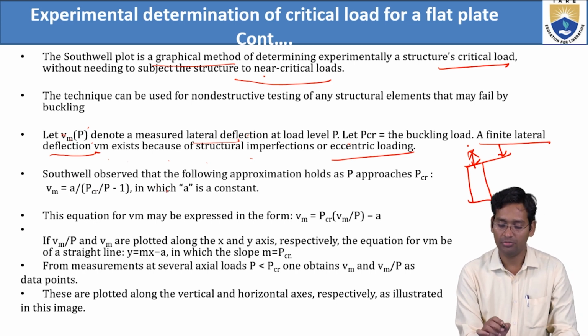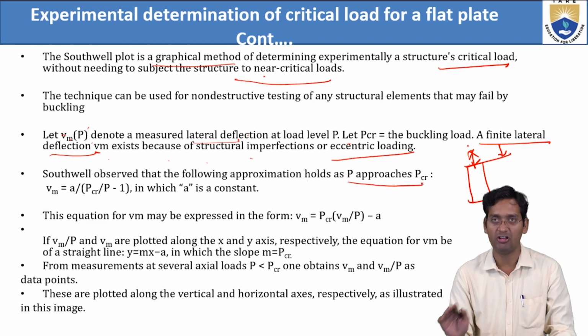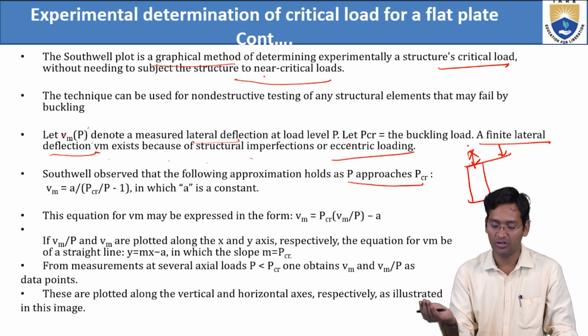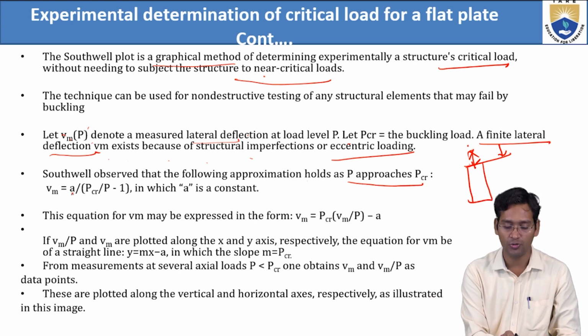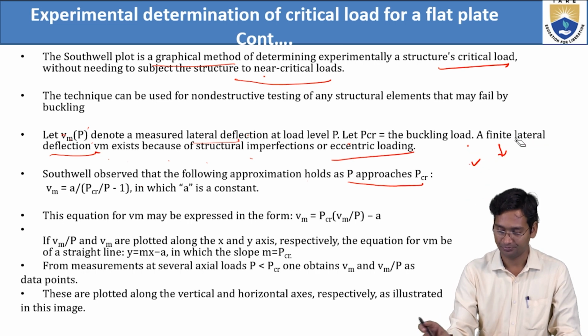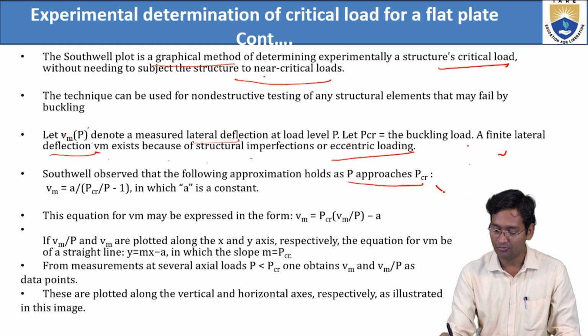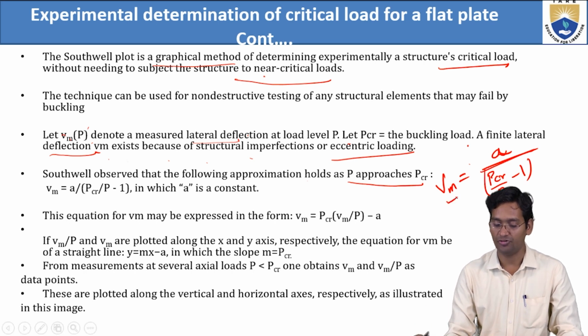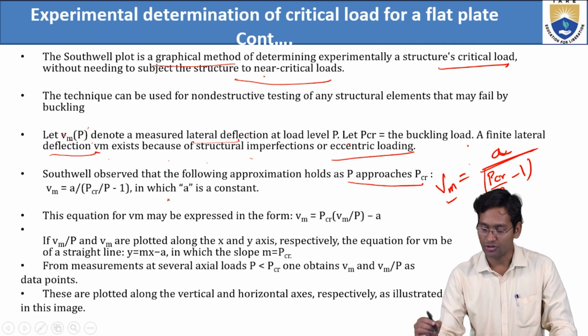Southwell observed that the following approximation holds as P approaches PCR. Once the load approaches the critical load, what happens? Just see, VM equals A by (PCR by P minus 1), in which A is a constant.